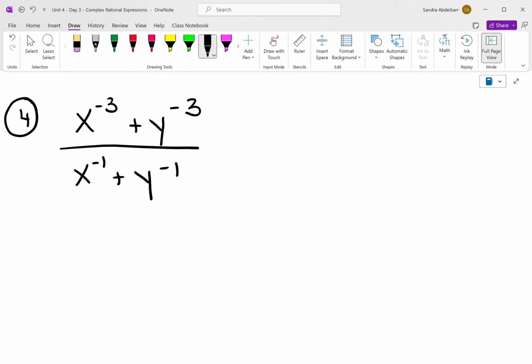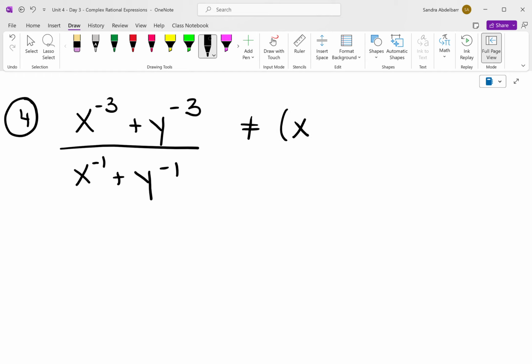The most common thought process here is to take this and put it in the denominator and take this and put it in the numerator. But no, there's a big difference right here. The x is raised to the negative third power and the y is raised to the negative third power. Is that plus sign raised to the negative third power?